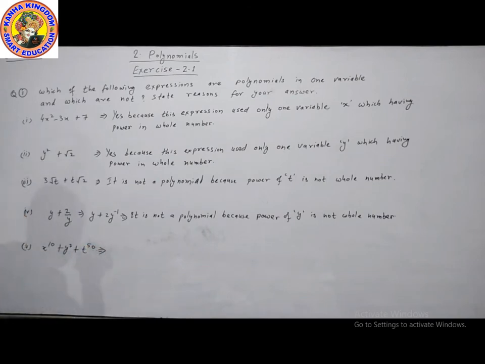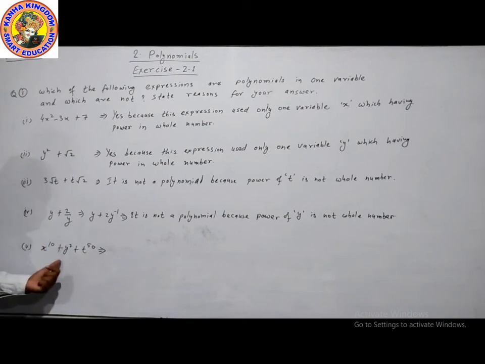Now next question is x power 10, y power 3, t power 15. All the powers are whole numbers, but this is not a polynomial in one variable.